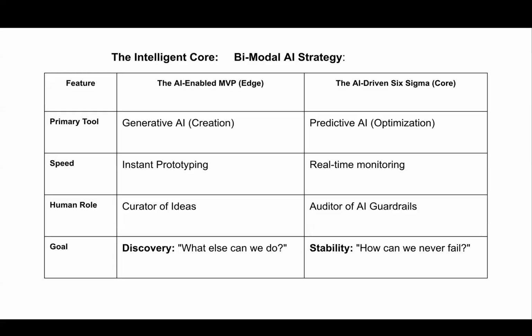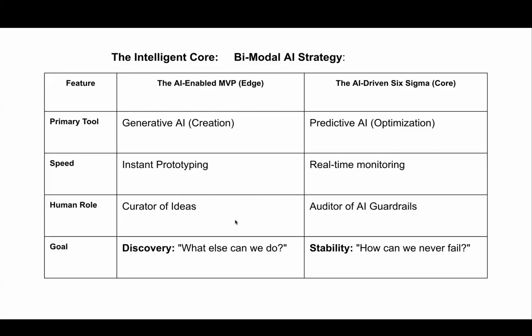And so you can figure out how to optimize even the idea of how to create your predictions. With speed under MVP, this is instant prototyping with digital thread and digital twin. With AI-driven Six Sigma, we get real-time monitoring, and then also the autonomous correction can happen as well.